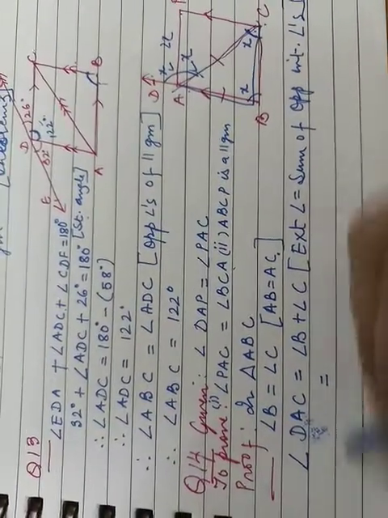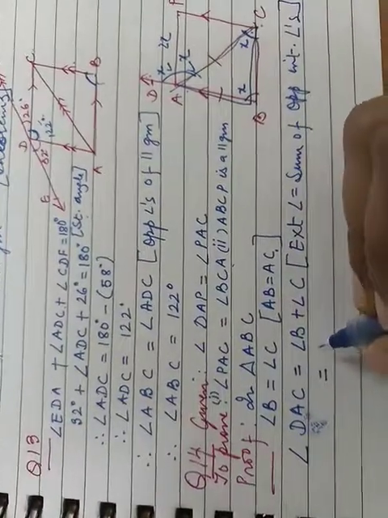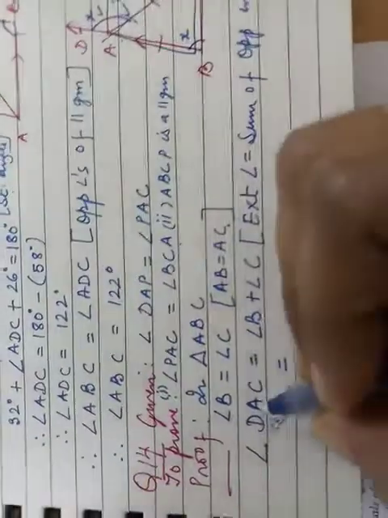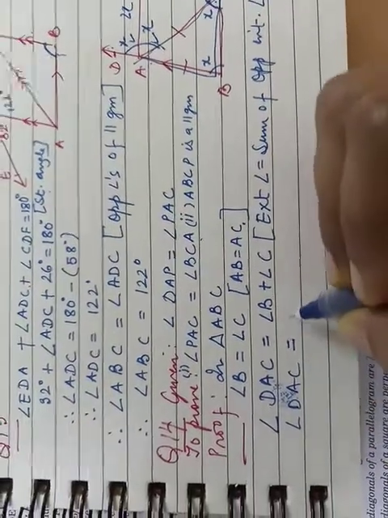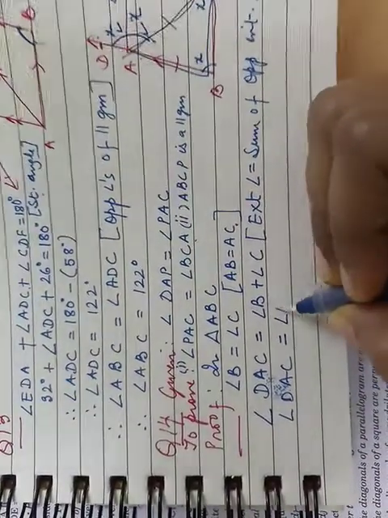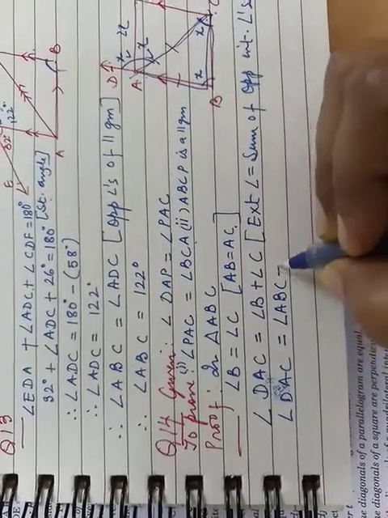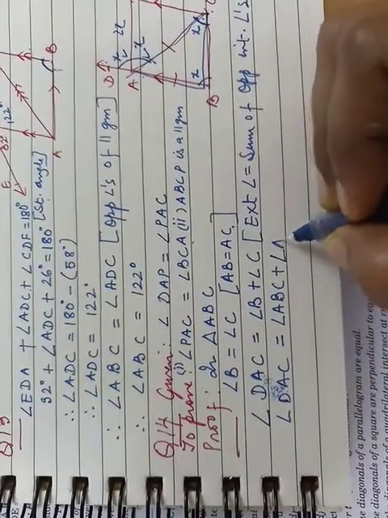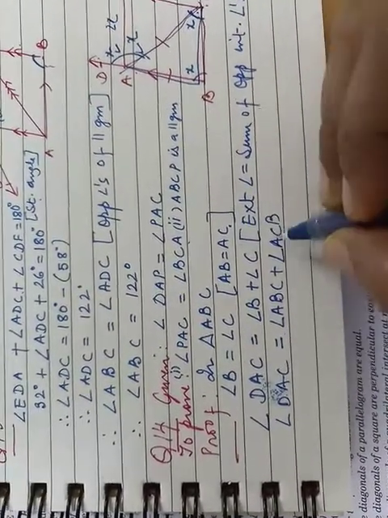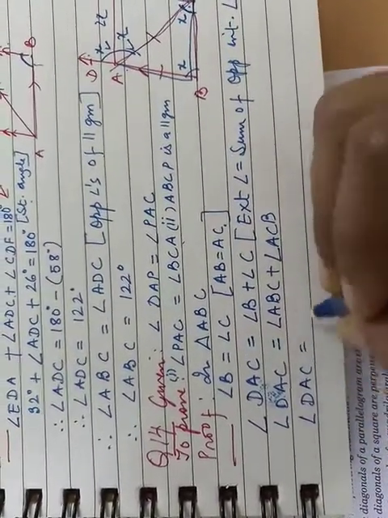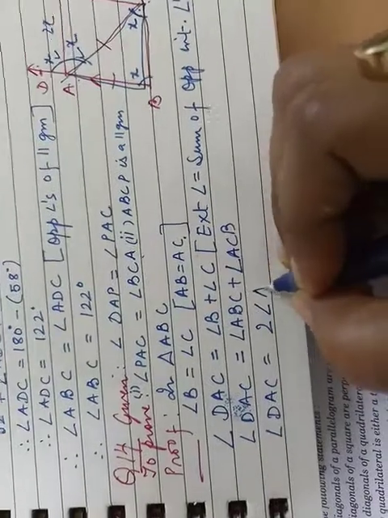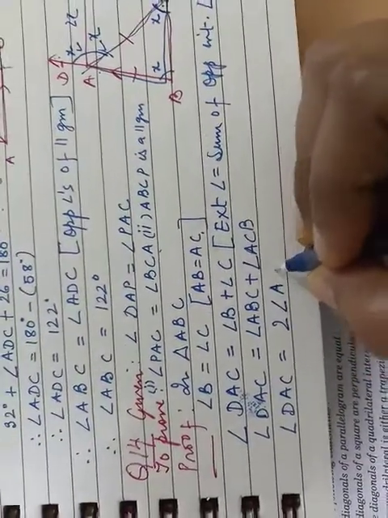But now I write the complete name of this angle. Angle B is actually angle ABC and this angle C is angle ACB. As these two are equal, so can we write in place of this twice angle ACB?